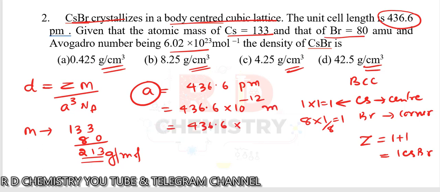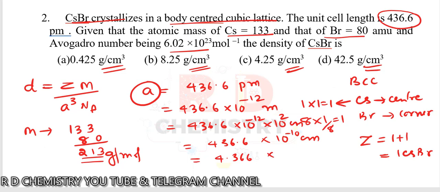436.6 into 10 power minus 12, and 1 meter is equal to 100 centimeter. So therefore, it is equal to 436.6 into 10 power minus 10 centimeter, or we can write 4.366 into 10 power minus 8 centimeter.